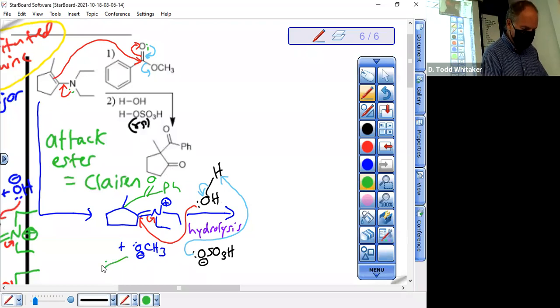The first thing that happens when you add sulfuric acid is a side reaction to get rid of methoxide. And you can say, now I'm happy because sulfate's not a mystery anymore. But once again, what I said before still holds.